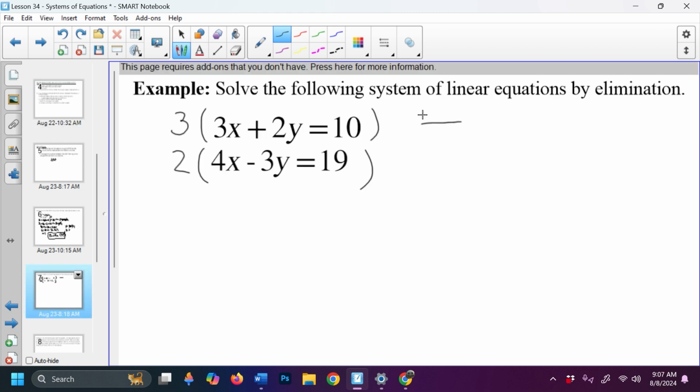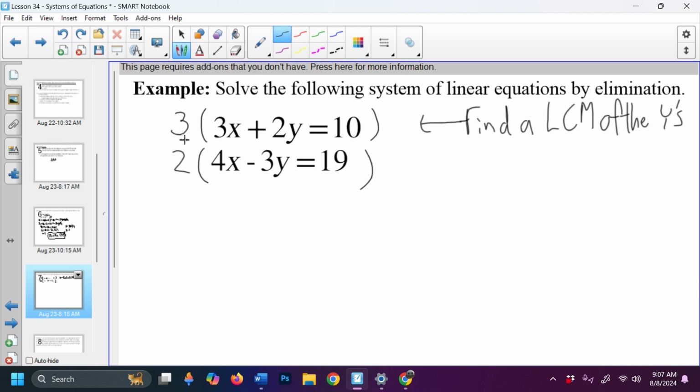All right. Finding the least common multiple of the y's. You could have found the least common multiple of the x's. I just thought it would be easier to do that.